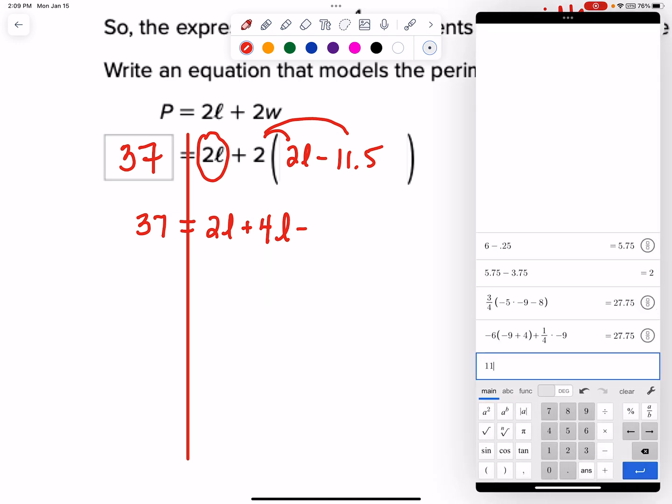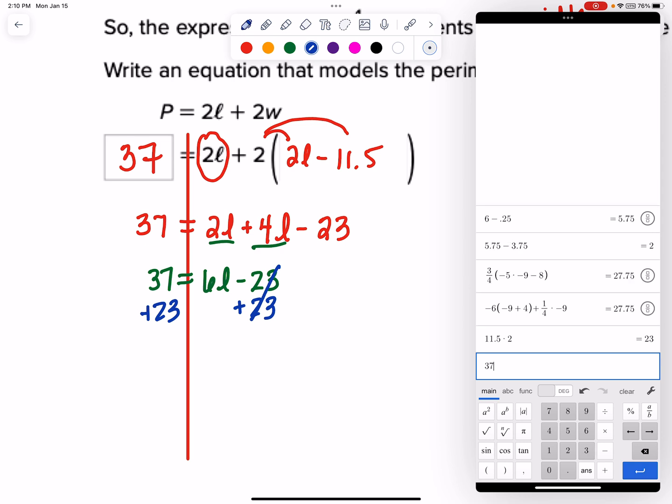To be safe, 11.5 times 2 is 23, so minus 23, and there we go. We can combine like terms, our 2L and our 4L, and so we have 37 equals 6L minus 23. Move our numbers around here, plus 23 to both sides. Cross that out. And we have 37 plus 23 is 60 equals 6L.